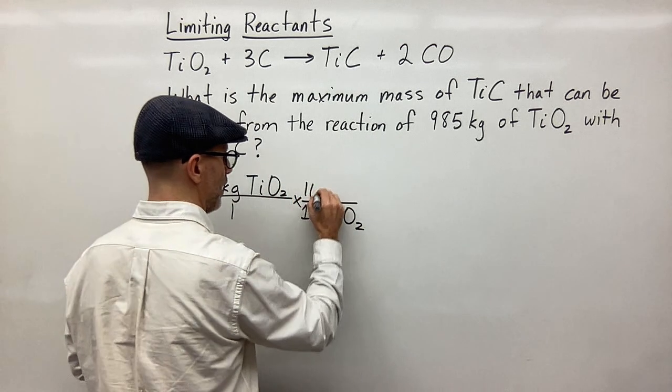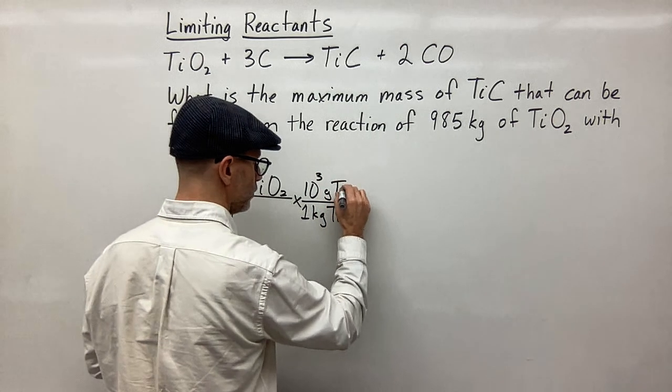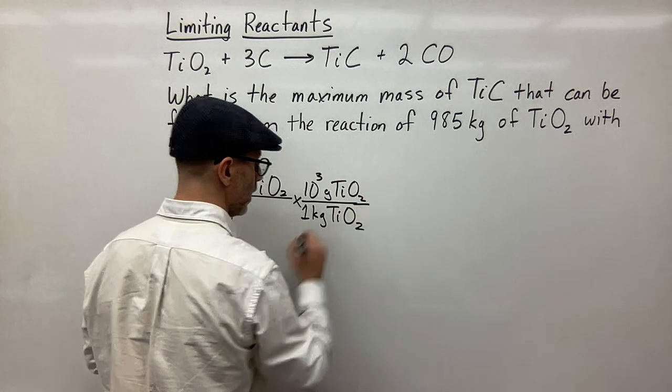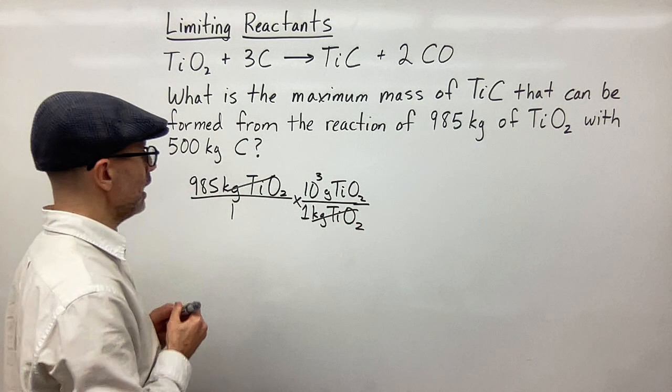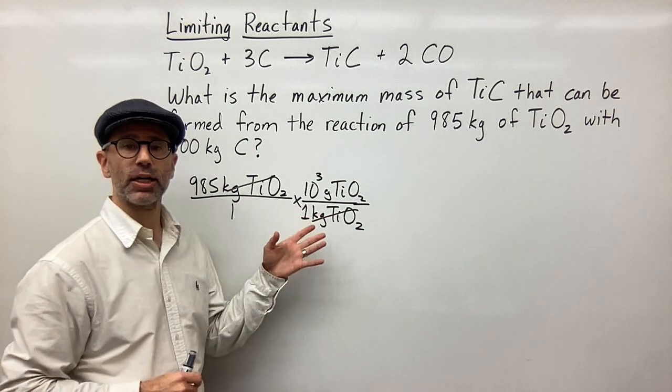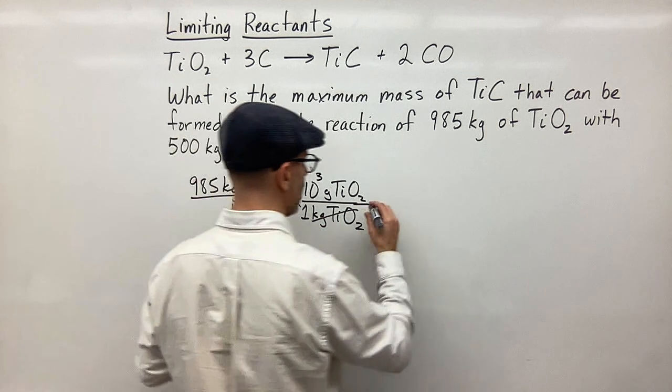And then I'm going to put 1,000, or 10 to the third, grams of TiO2 on top. So kilograms cancels out. Now I have grams.